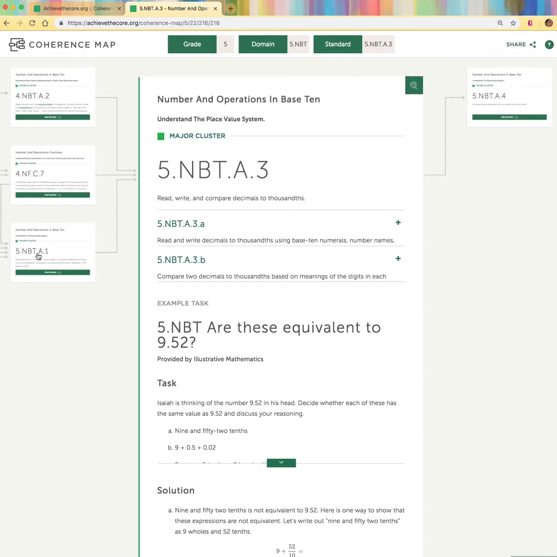I noticed that the third foundational skill is a 5th grade skill. It was something that I hopefully have already introduced to my students. If not, I might want to take a pause and introduce or reintroduce this. So let's take a look at this 5 MBT A1.